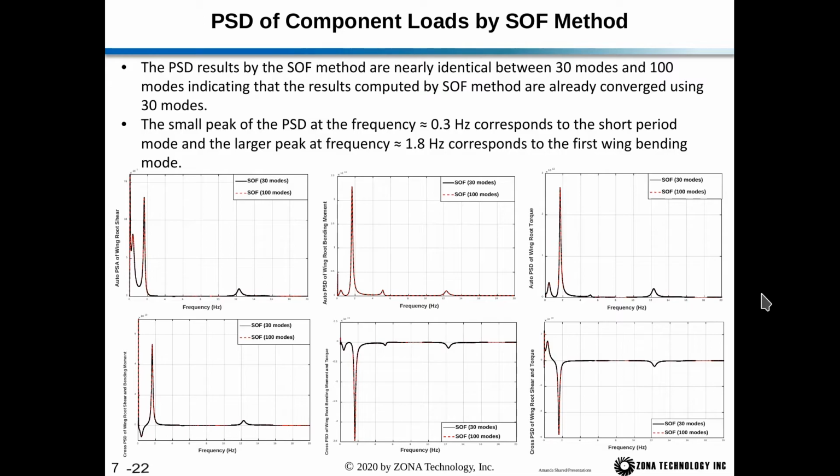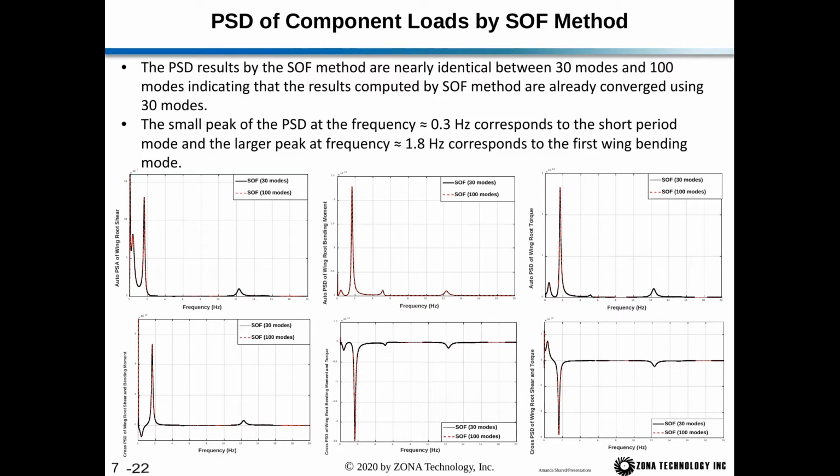So now we'll look at the SOF method. The PSD results by the SOF method are nearly identical between the 30 modes and 100 modes analysis, which indicates that the results computed by the SOF method are already converged using 30 modes.